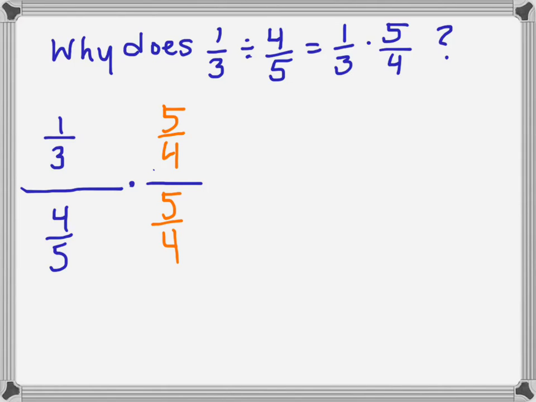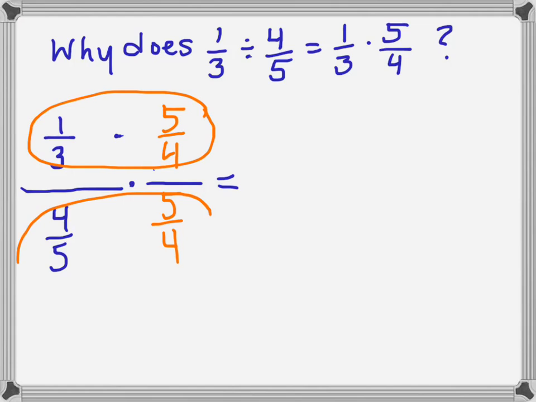Alright, so now to multiply these fractions, we just follow our rules for multiplying fractions. Okay, and for this giant fraction, I'm supposed to multiply this numerator and these denominators. So the numerator I'm actually going to leave, and again, you'll see why in a minute, 1/3 times 5/4.